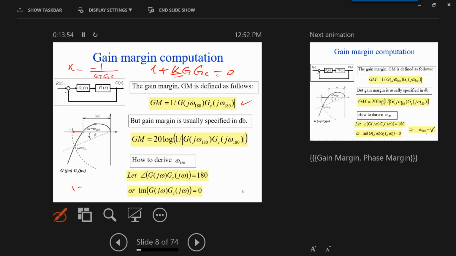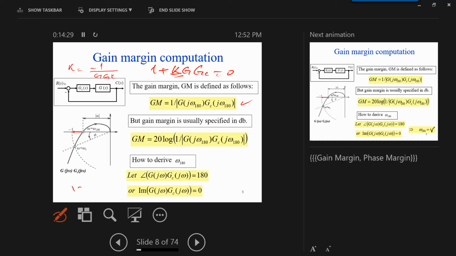And if you take the magnitude, then the gain margin is equal to 1 over the magnitude of G Gc at omega equal 180, where the phase is 180. In dBs, this is the gain margin value in dBs, and basically that's it.